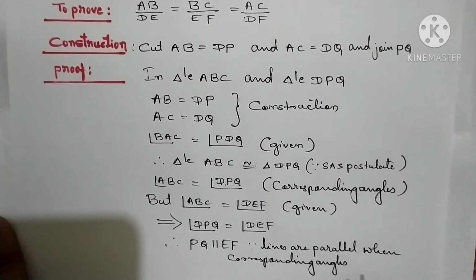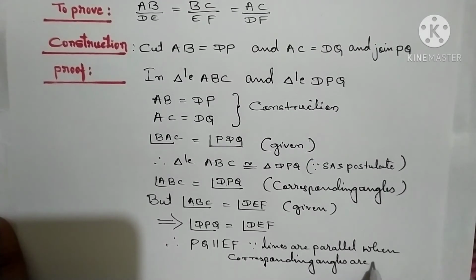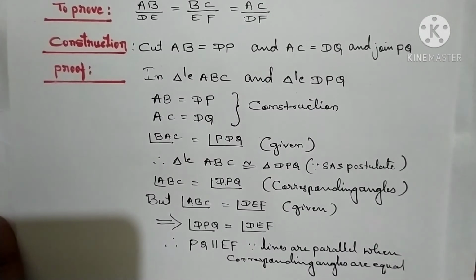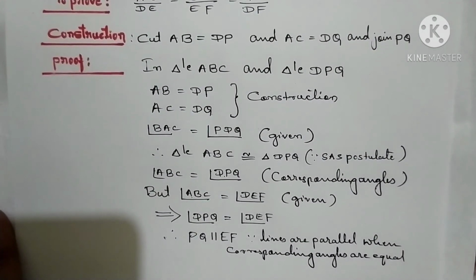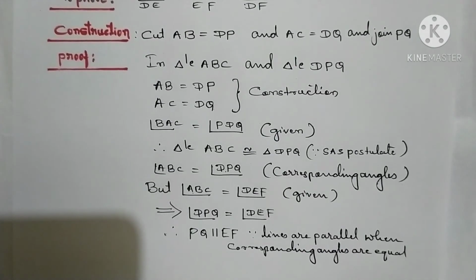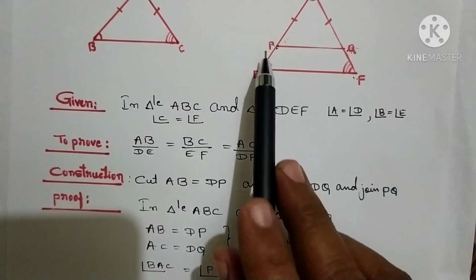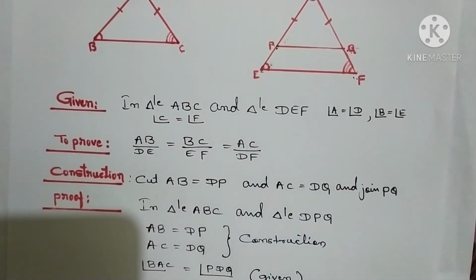Corresponding angles are equal, so the two lines are parallel. Which lines are parallel here? PQ line is parallel to EF.